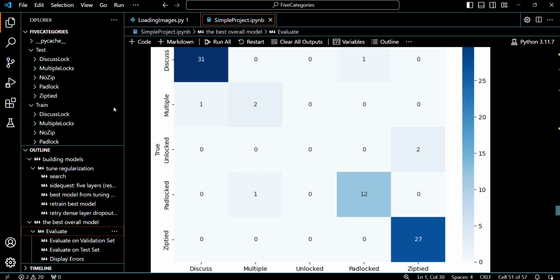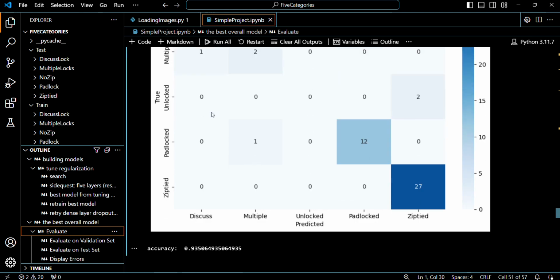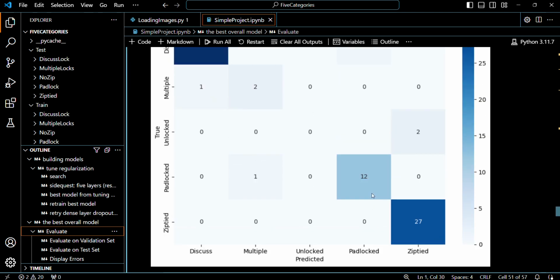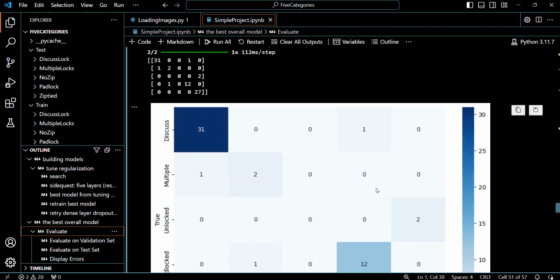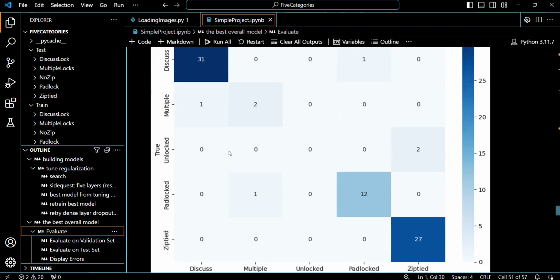31 plus 2 plus 12 plus 29, that's 74 out of 77. That would be 96%. That would be considered 96% accuracy if we lump the unlocked and the zip tied.